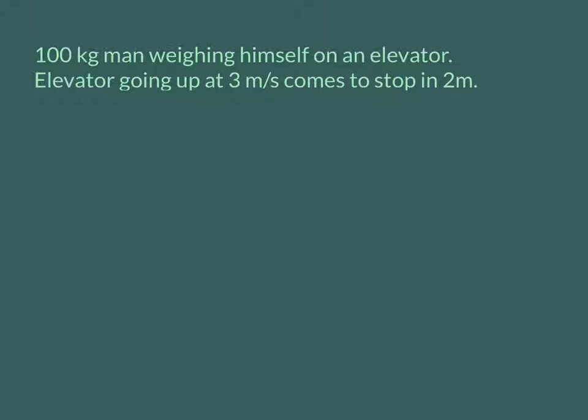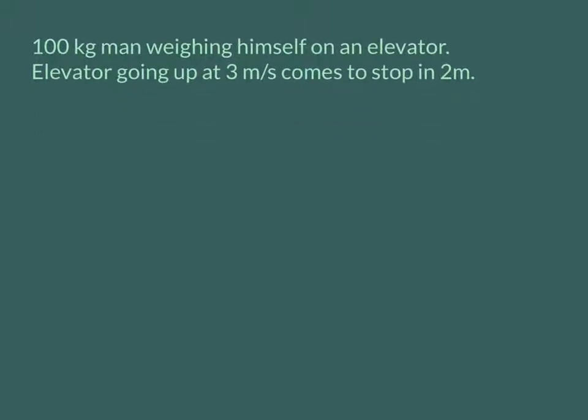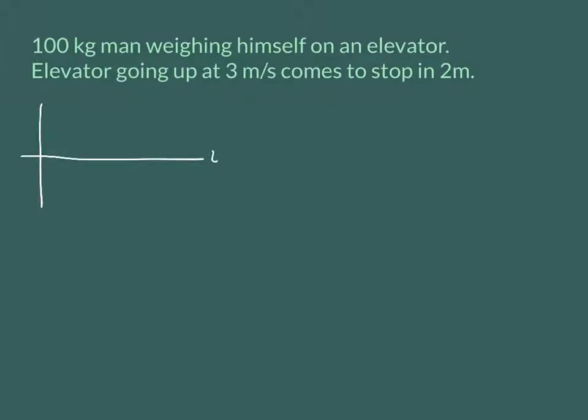Now, the nice thing here is that we're given enough information to calculate the acceleration. So if you do a velocity time graph, acceleration time graph, what you find is that he's at 3 meters a second, and comes to a stop.